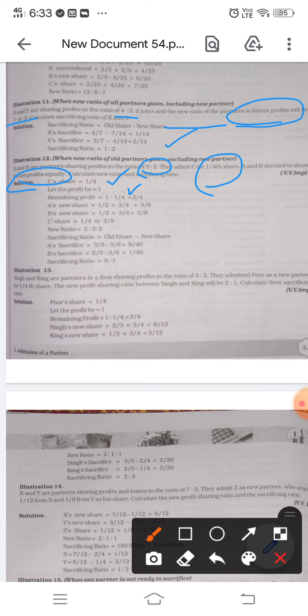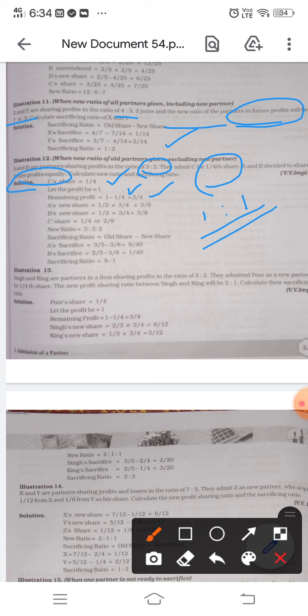We have to consider the profit as 1 and find the remaining profit. So what will be the A's new share? 1/2. That is 1:1, the new profit sharing ratio for A and B.